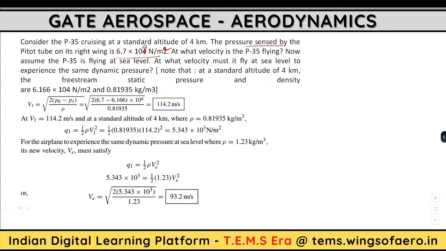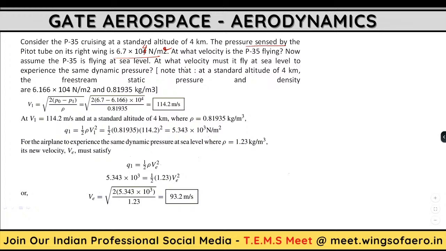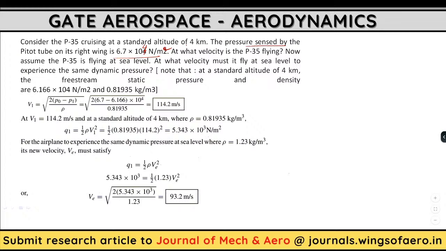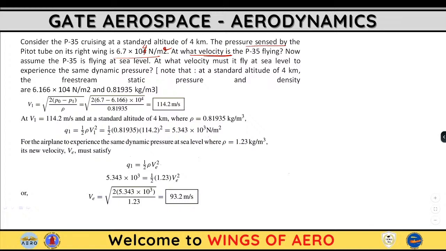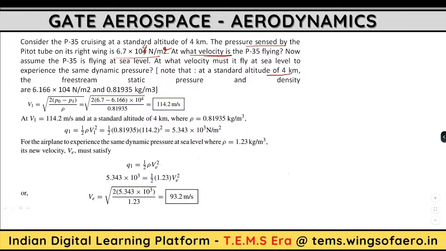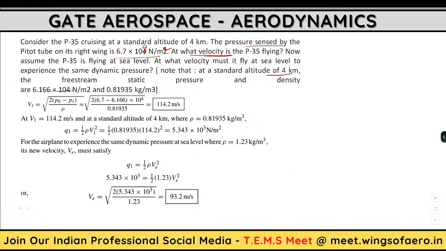So they have given 2 things to find out. The first thing, they have said the aircraft is flying at an altitude of 4 km, and from that we have to find out what will be the velocity of the flight. So using that, at the 4 km altitude the static pressure and the density are given.